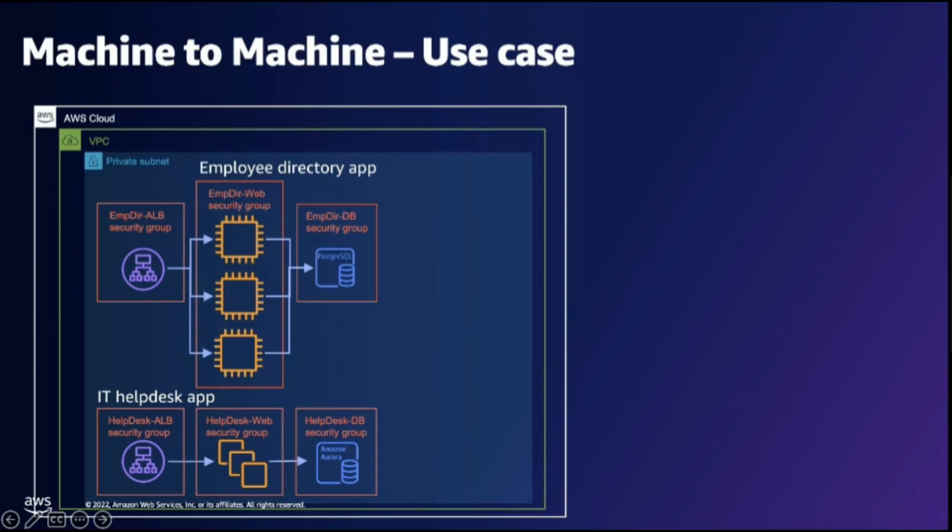Again, Coyote, back to the point that you made, making sure that you don't trust anyone. In this particular situation, the employee directory app and the IT help desk have no business talking to each other, so we're not exposing that path at all. So again, these are some of the things that you need to think about when you are implementing zero trust architectures on AWS.